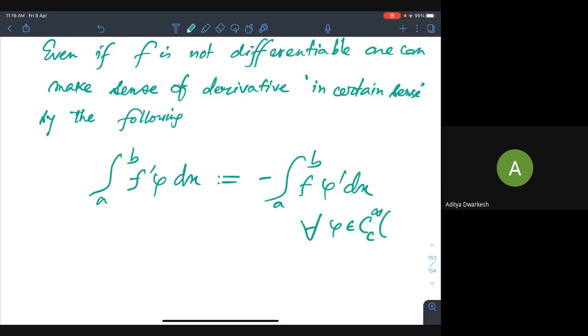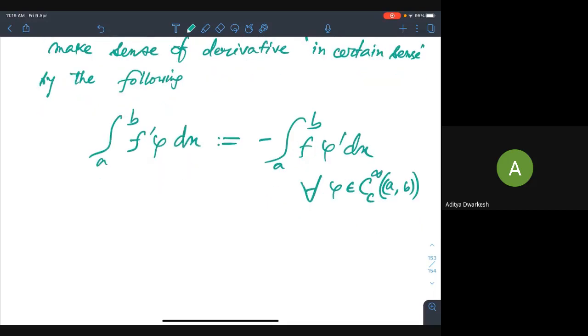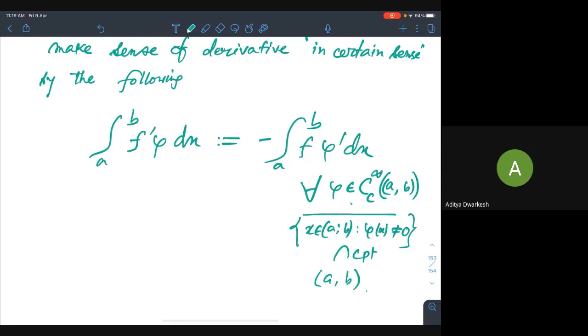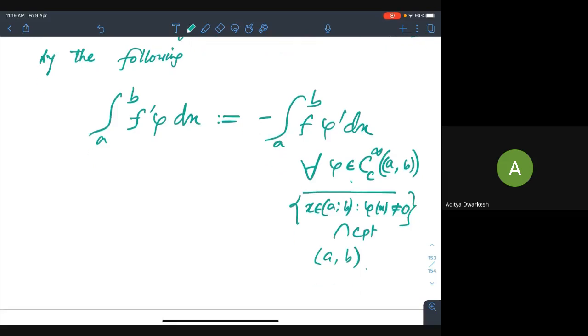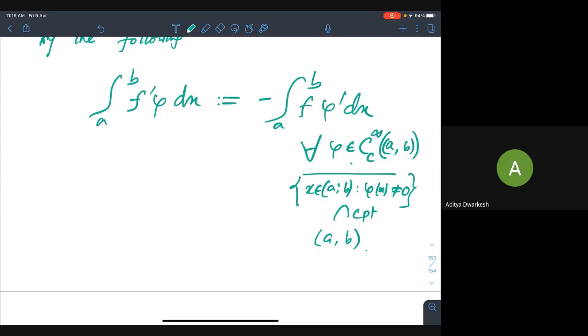So on the open interval, phi has compact support. So this means the closure of the set of x in (a,b) such that phi(x) is non-zero is compact. So this C infinity is the set of all differentiable functions phi such that this holds. So this actually becomes a definition later on.